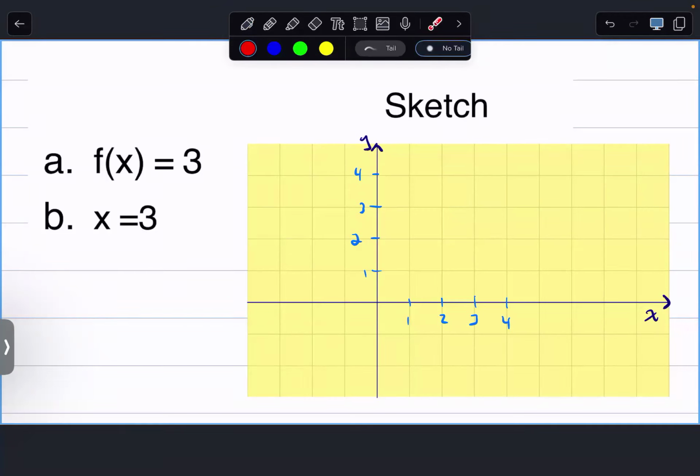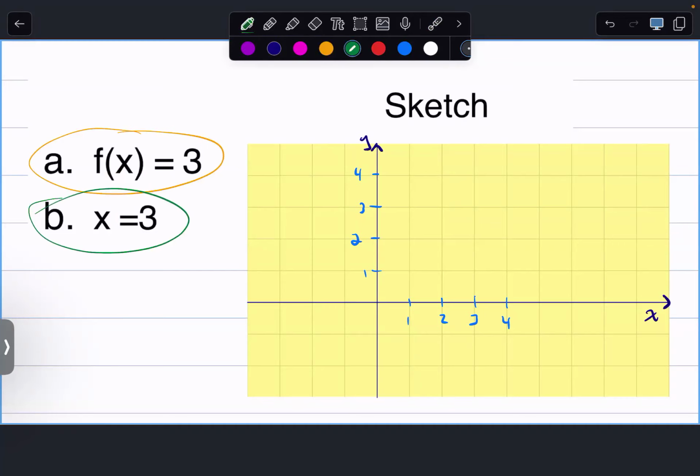Knowing this format, f of x equals 3 is a horizontal line, right? And x equals 3 is a vertical line. So let's just have a look and see what those look like. I'll use 2 different colors.